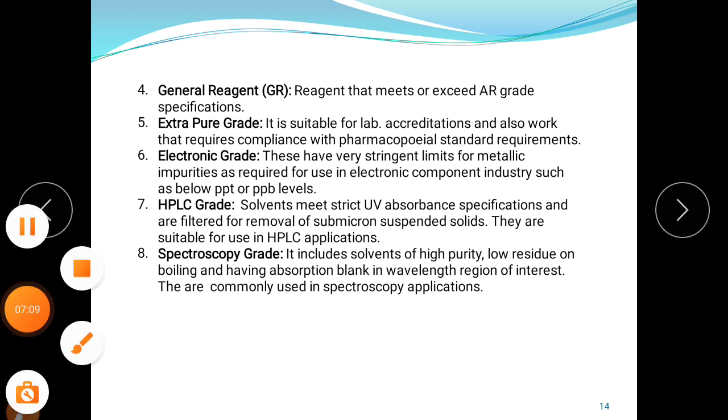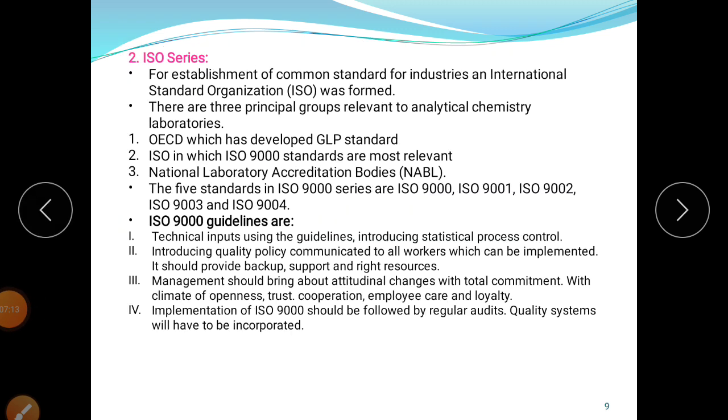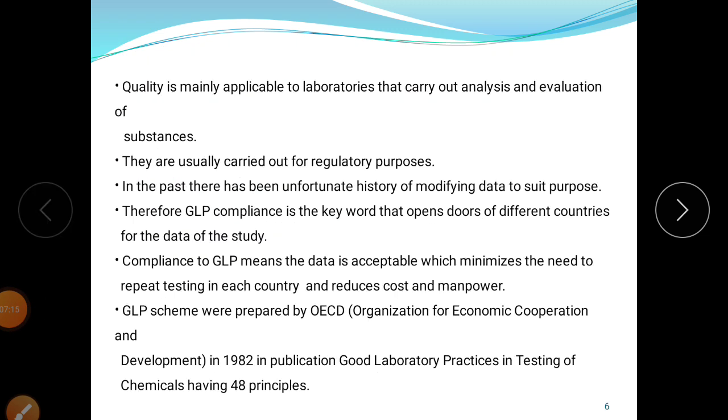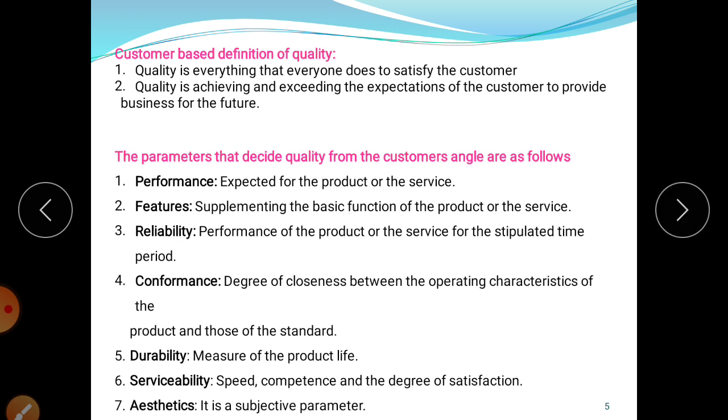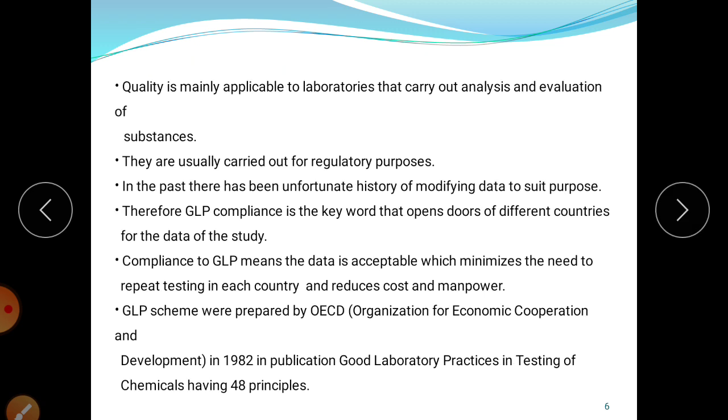So in short, I quickly revise the points which we have discussed in this chapter. At the beginning we talked about the concept of quality, different definitions of quality: product based, user based, manufacturer based, value based. Then we talked about quality in detail and seven parameters that decide the quality from the customer's point of view.